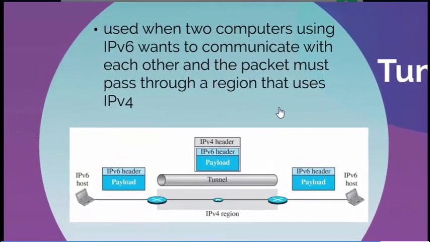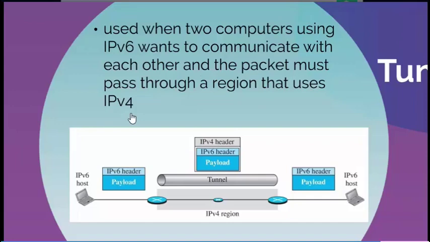In tunneling from IPv4 to IPv6, it is used when two computers using IPv6 want to communicate with each other, and the packet must pass through a region that uses IPv4.